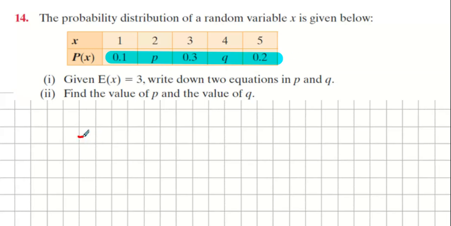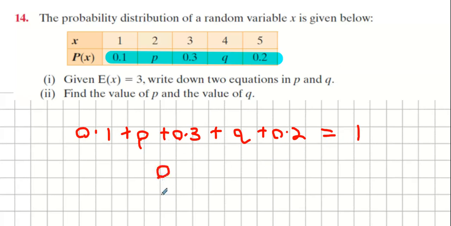So we're going to add these together. P plus Q, and it's 0.6, 0.6 minus 0.1. Who got 0.4? Anybody get that? First equation.